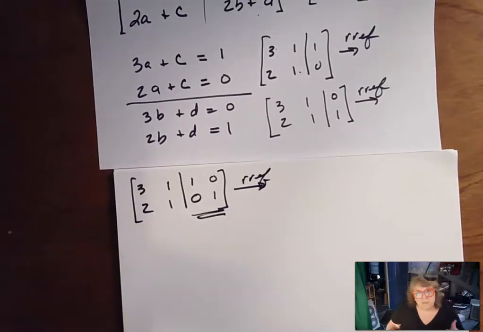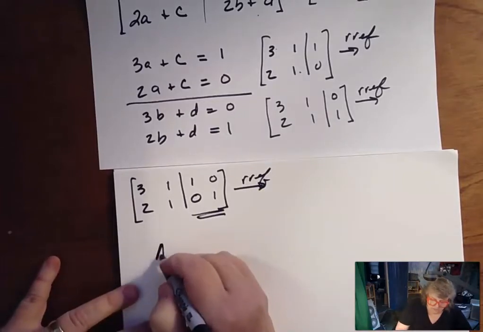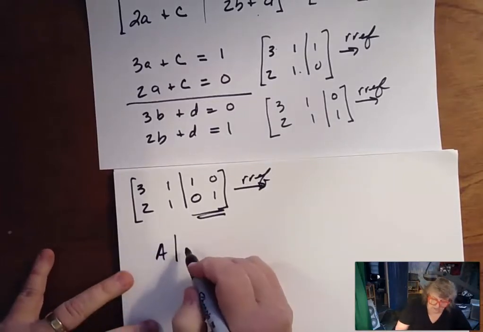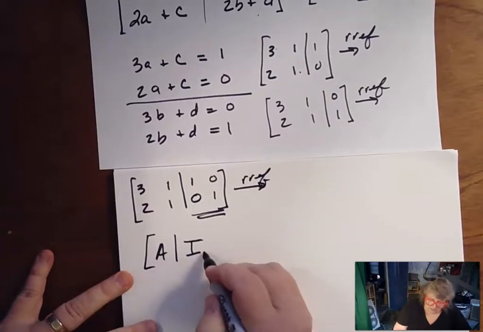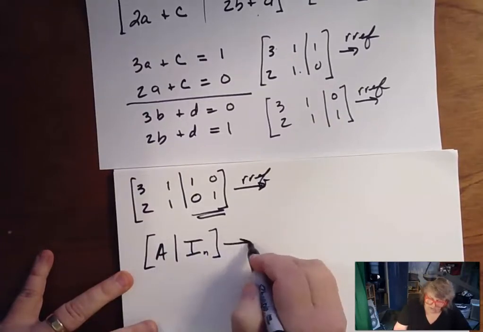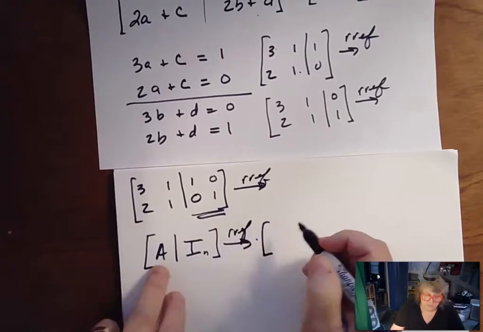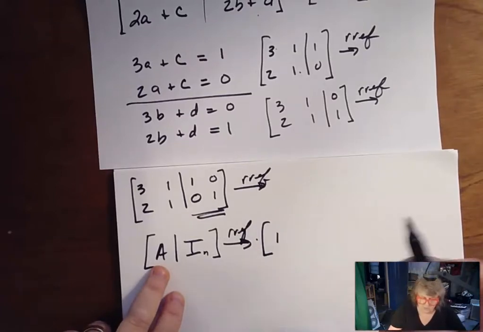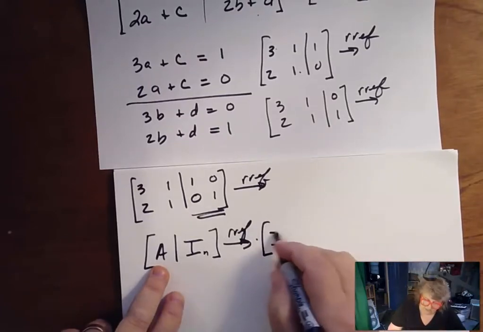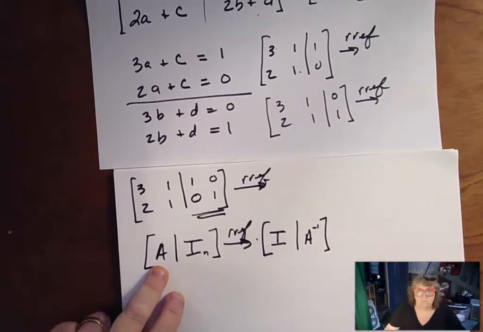And that's basically the way you're going to find the inverse. In general, if you want to find the inverse of A, any square matrix, you put the identity of the correct size here. You'll put this in row reduced echelon form. If the inverse of A exists, you'll get the identity here, and A inverse pops up here.